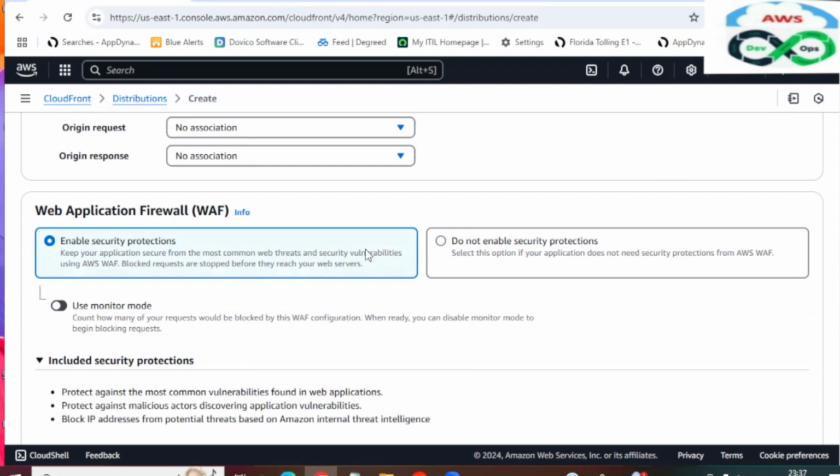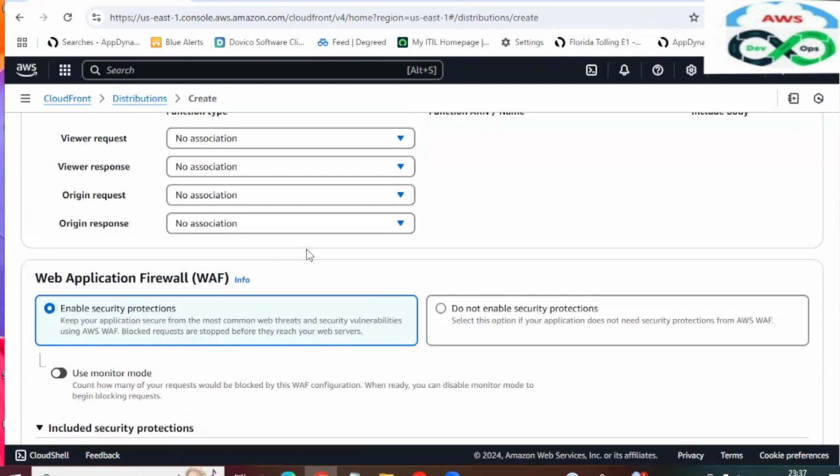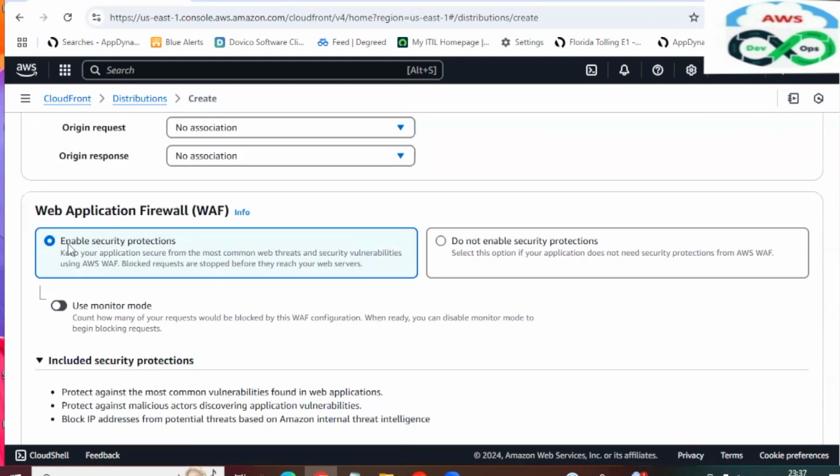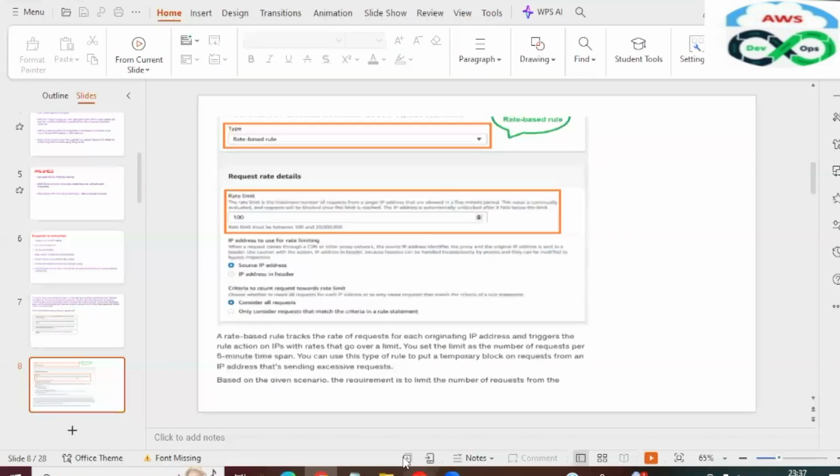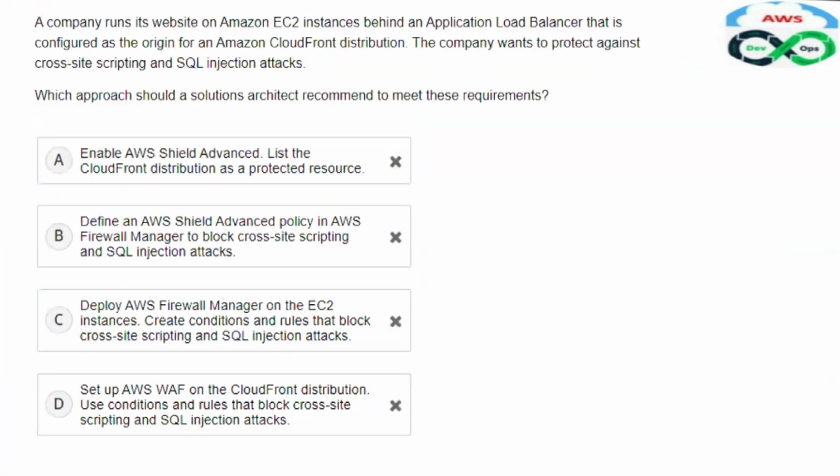So that by default, whatever requests are hitting your CloudFront endpoint will be first evaluated by the WAF. So based on the WAF rules, the request will be either allowed or rejected. Okay, so this is how you enable WAF in your CloudFront distribution. You just need to enable the security protections. Okay, so that is what this answer is saying. You'll have to set up a WAF on the CloudFront distribution, use conditions and rules that block the cross-site scripting and SQL injection attack.